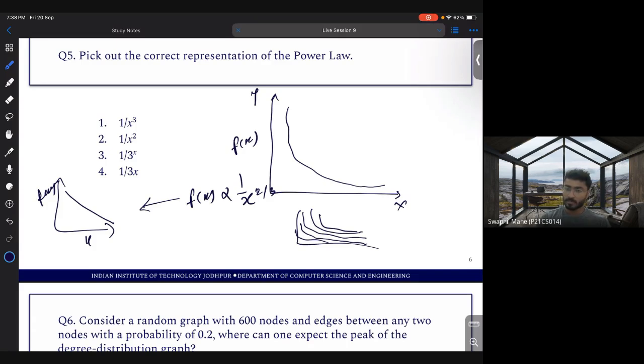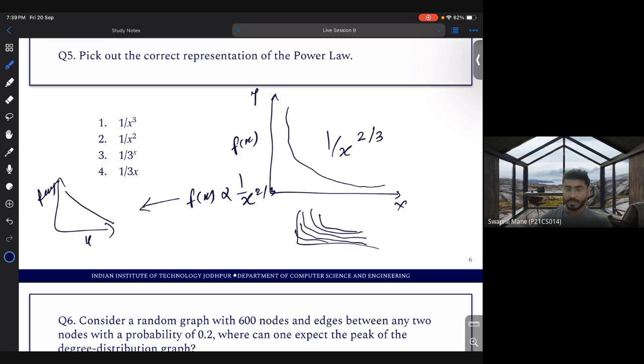In real world networks, it follows the power law distribution if 1 divided by k, which in the present slide is x, 1 divided by x raised to 2 or 3, or values in between 2 and 3. Okay, that represents a power law distribution.